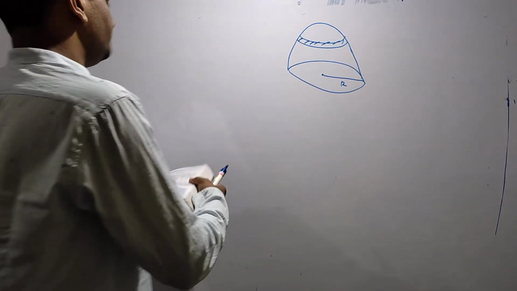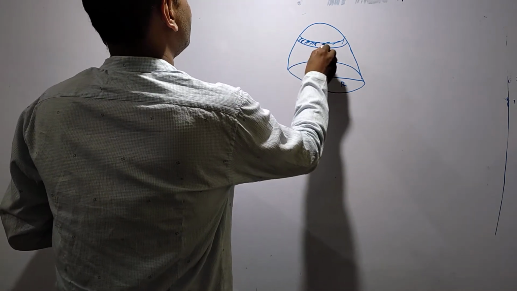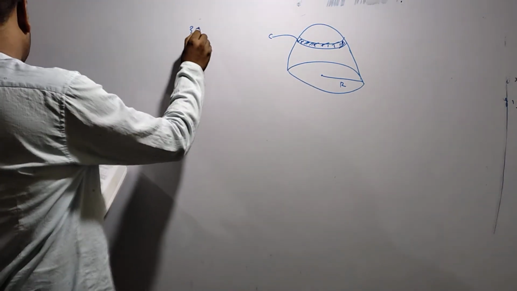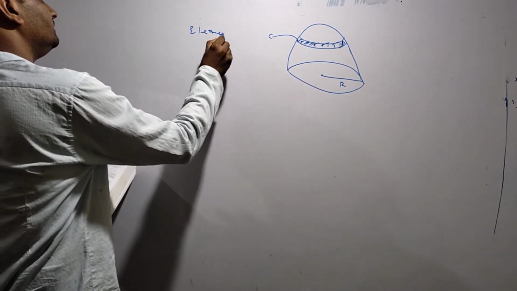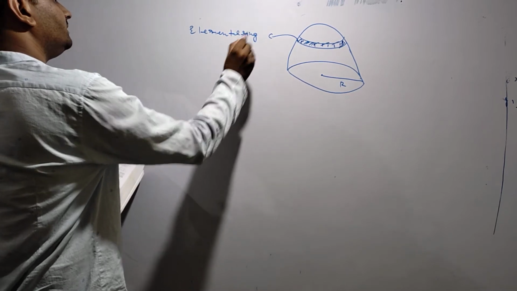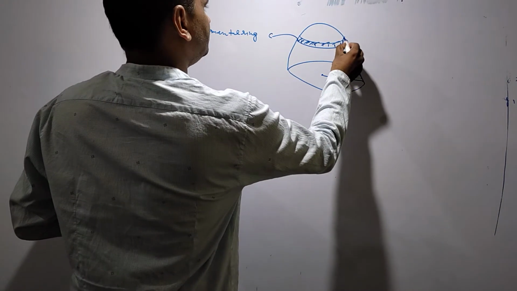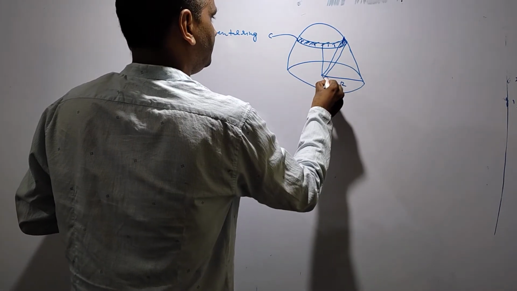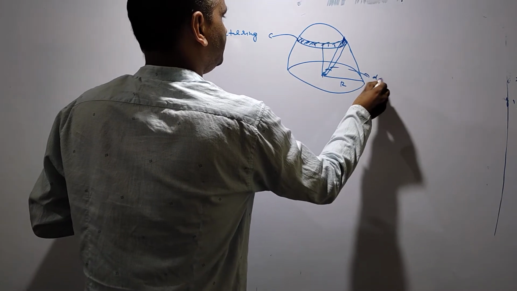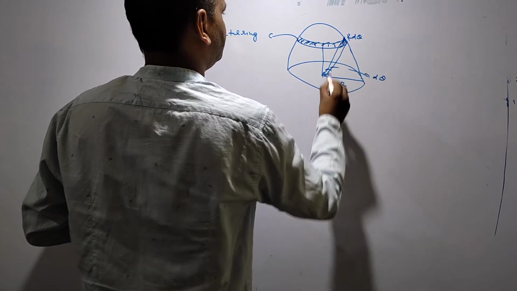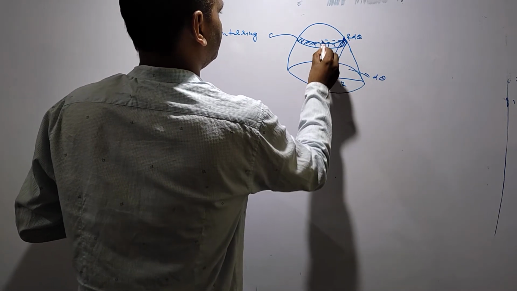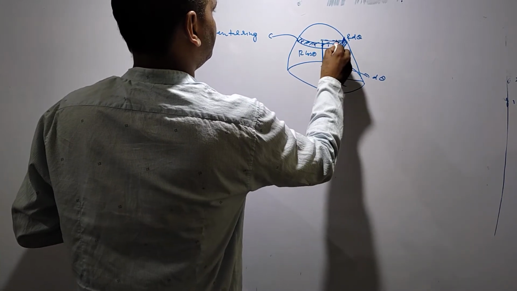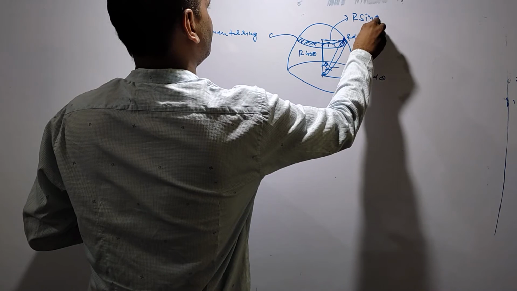So this is an elemental ring, and its width makes an angle d theta, so this is r d theta thickness, and this is r cos theta, this much. This is theta, and this is r sin theta.